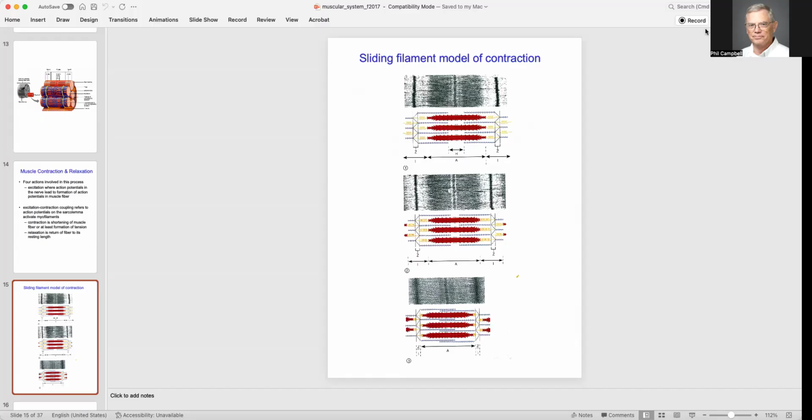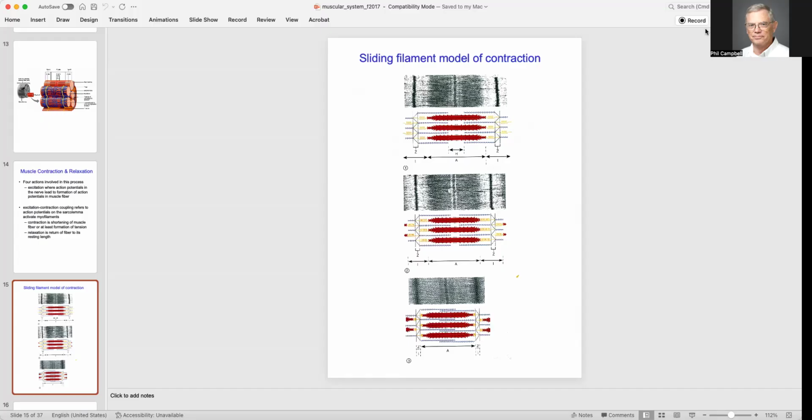What that means is the distance between the thick filament on two adjacent sarcomeres is going to get closer together. So that means the I band gets shorter. But there's a limit, because the Z disc and those elastomeric elements never go away. So you can never go to nothing. You can get smaller, but there is a limit to how small you can get. All right, that's the I band.